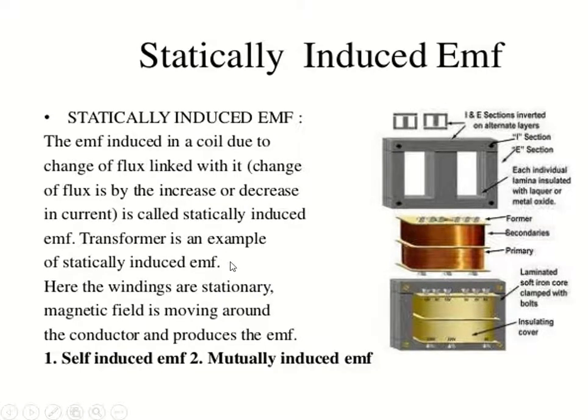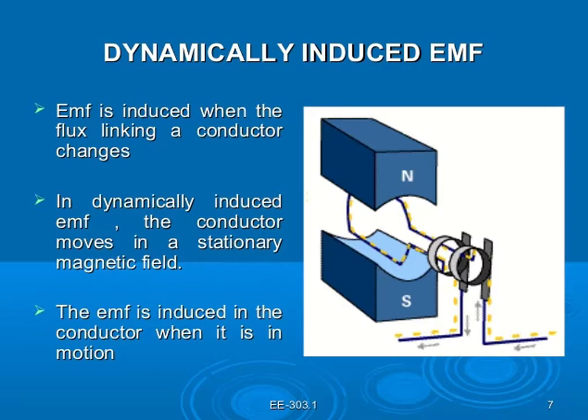An example is a transformer. Here the windings are stationary. The magnetic field changes by changing the current, not by moving a magnet. It is mainly by self-induced EMF and mutually induced EMF.